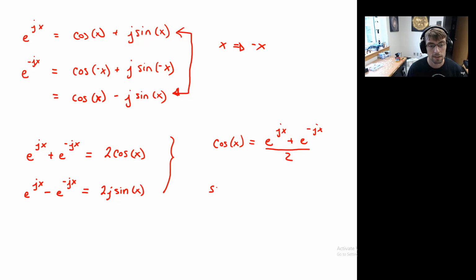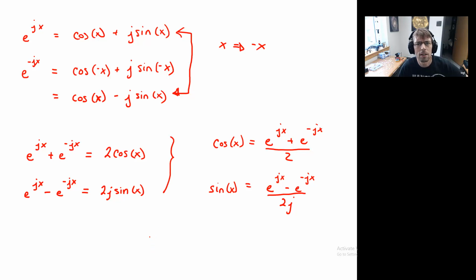And sine of x can be written as e to the jx minus e to the negative jx over 2j. You don't seem that impressed.